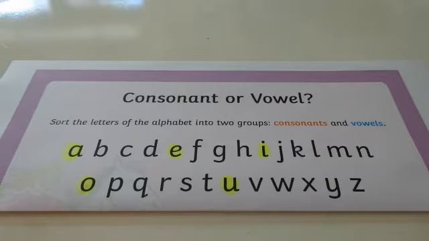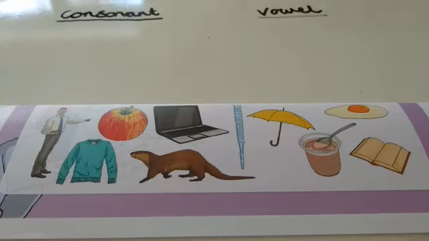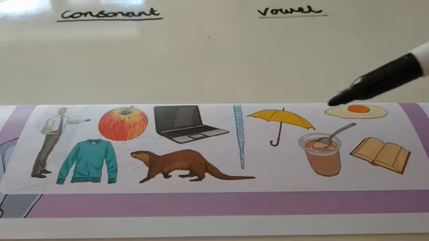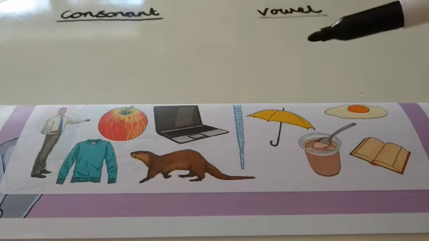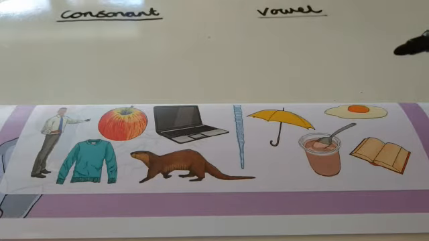Okay then guys, let's have a look at these different objects. What we're going to do is sort these different things into whether they start with a consonant or a vowel. So I'll point to each object. You can pause the video and decide whether that word starts with a consonant or a vowel.